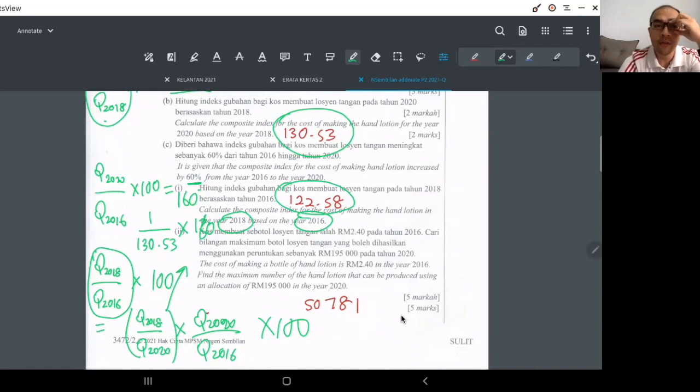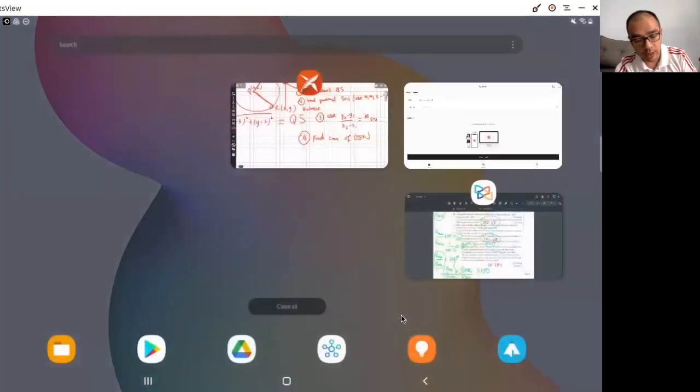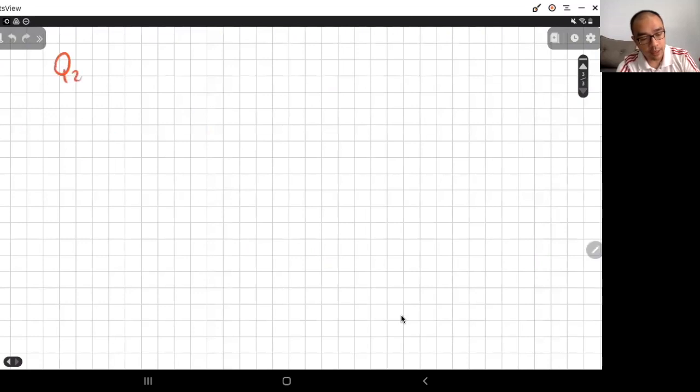So we find that even in this question, the chain rule still applies. You know, if you want 2018 over 2016, then tahun perantaraan is 2020. Okay, so you can still use that same method, which is, okay, you have this. Okay, and you have this 2020 over 2016.